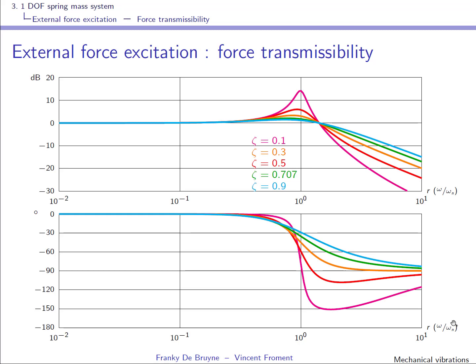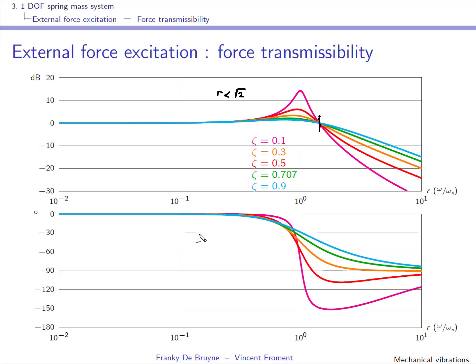Well, this is the force transmissibility, and as we've been seeing, when r is smaller than square root of 2, you know that this force transmissibility is higher than 1.